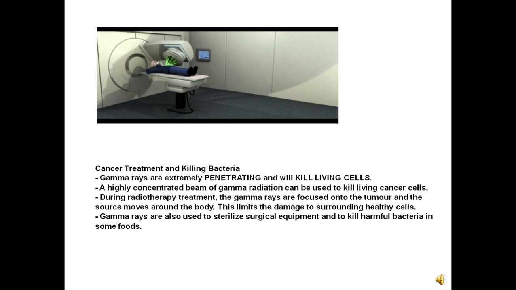Strawberries too, for example, soft fruits are irradiated so that they last longer on the shelf because the bacteria have been killed. That doesn't mean they're contaminated, it doesn't mean that there is radioactive material on them. Gamma rays have passed through them and killed the bacteria.